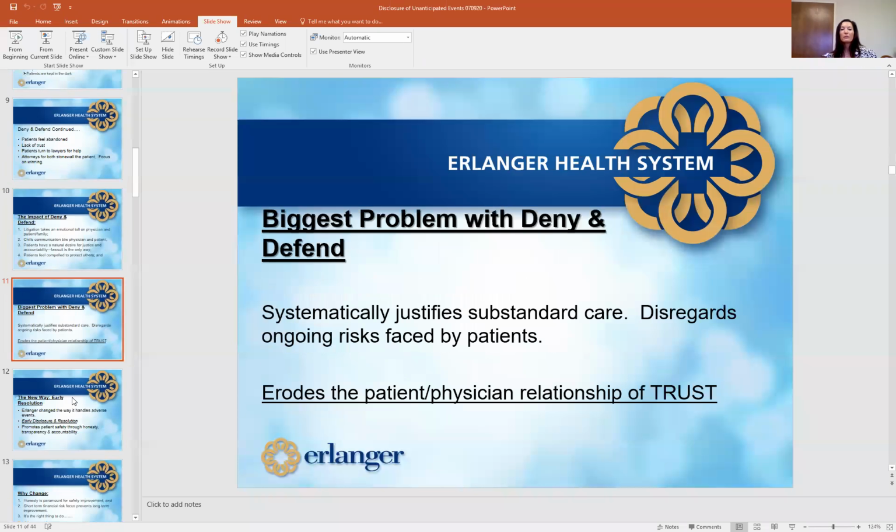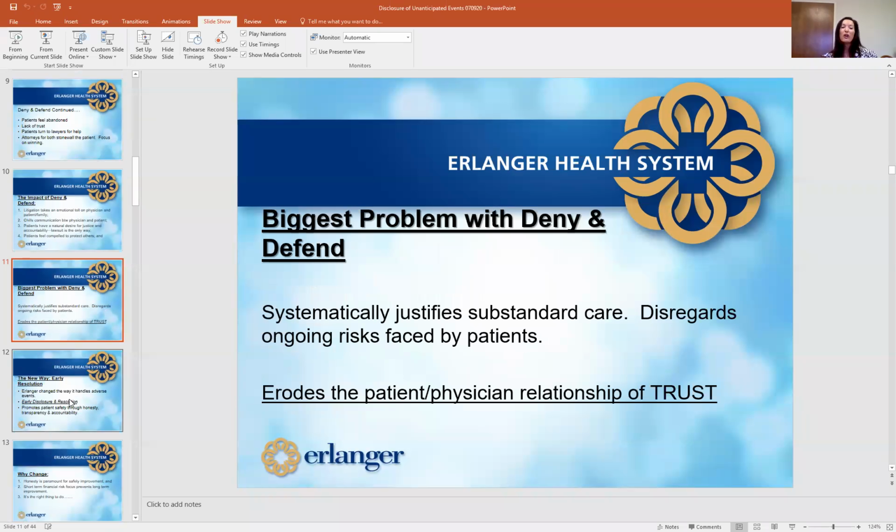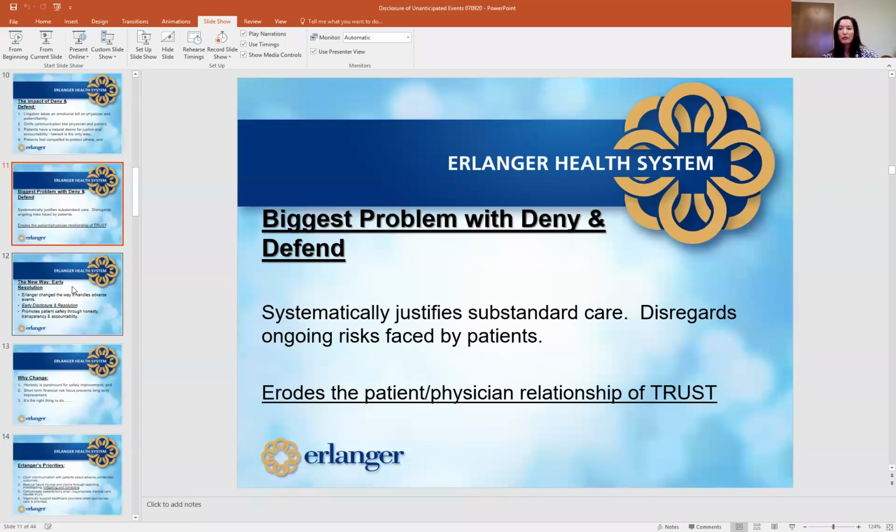But furthermore, and the biggest problem of all, setting lawsuits completely aside, is that it chilled quality improvement in healthcare, right? When we didn't have transparency around adverse events, when we didn't sit back and say, we're going to break this down and see where in our process we can improve things so that this thing that happened doesn't happen again, or at least we lessen the likelihood that it's going to happen again.